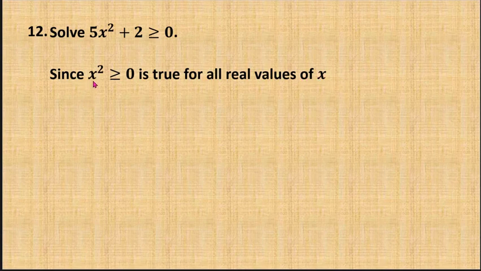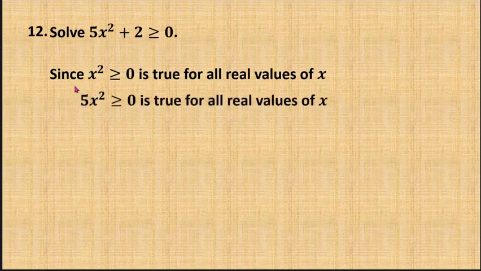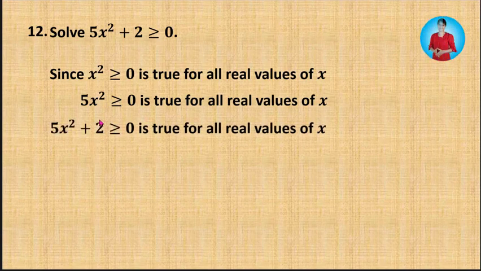And since x power 2 is a positive value, if I multiply the positive value with 5, then 5x power 2 should be a positive value too. And if I continue to add a positive value 2 to 5x power 2, then the result is still a positive value.